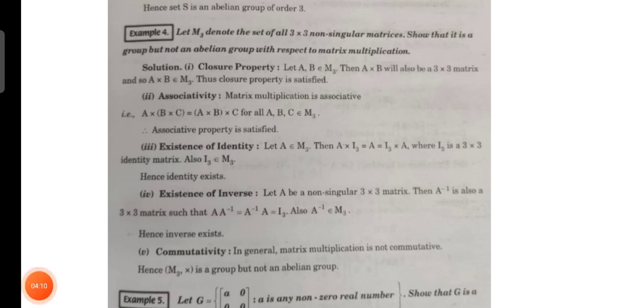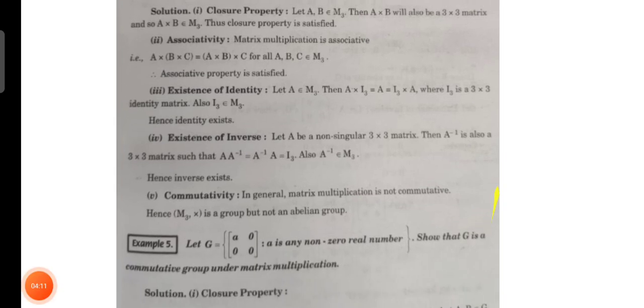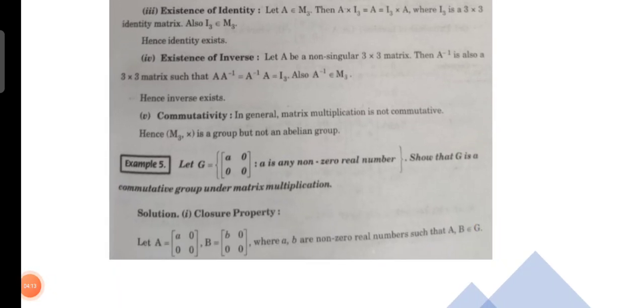Let's move on to our next example, for the set G, which is a matrix set in which we have matrices of the kind [a 0; 0 0], where a is a non-zero real number. Show that G is a commutative group under matrix multiplication.